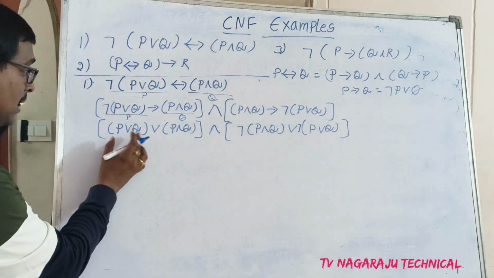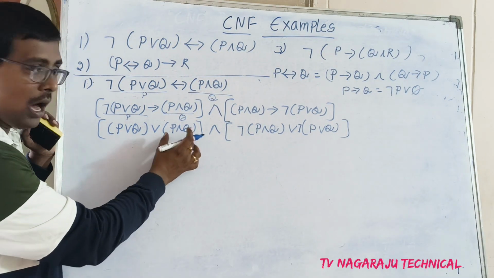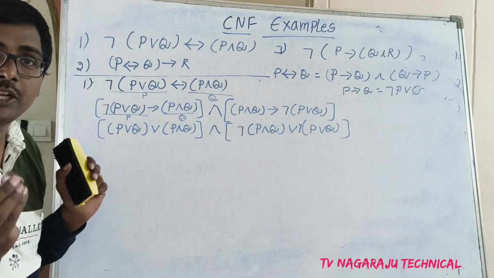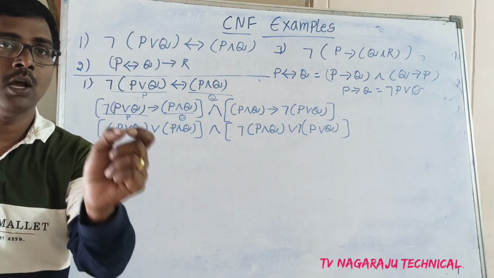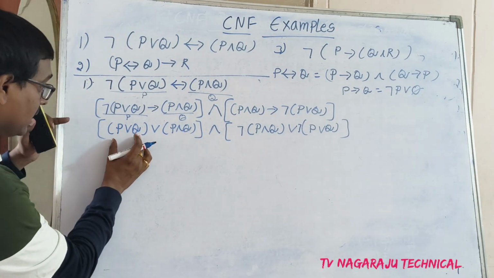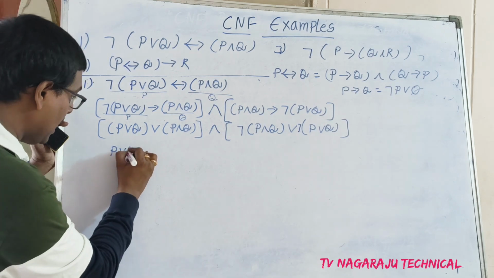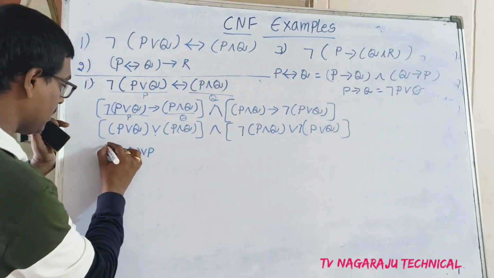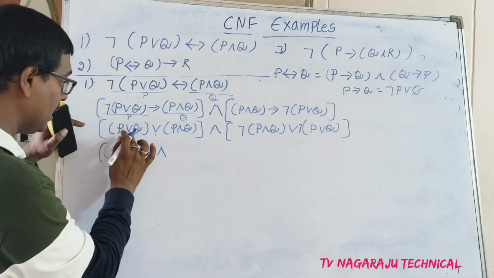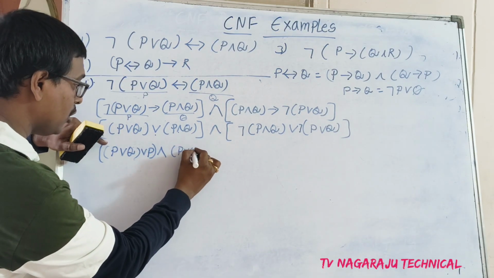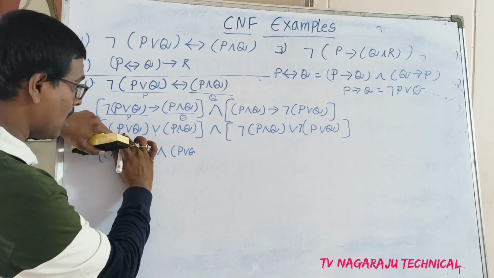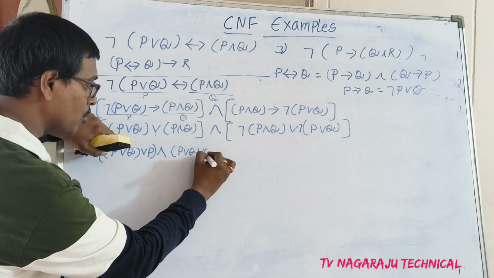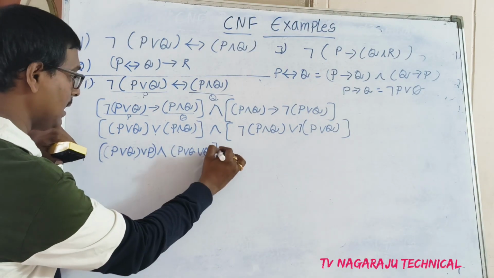Now in this, P or Q or P and Q, apply the distributive law, or over and. That is P or Q or P, and P or Q or Q. Clear?